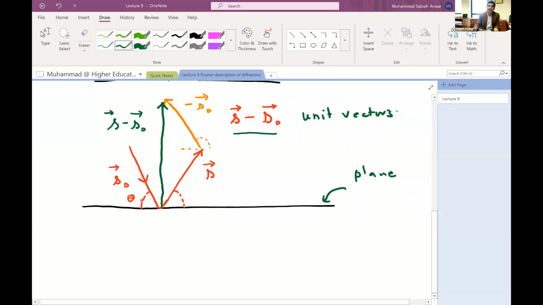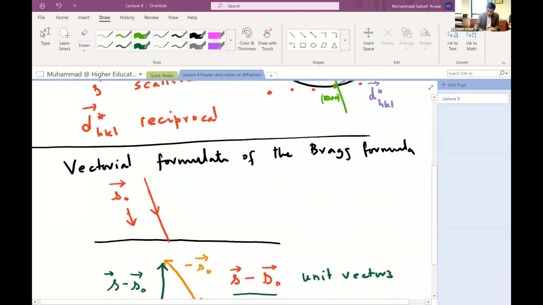Precisely, S minus S naught is a vector that is perpendicular to the scattering plane or the reflecting plane. And we know that this vector is equal to the reciprocal lattice vector, as we've seen from the Ewald construction.